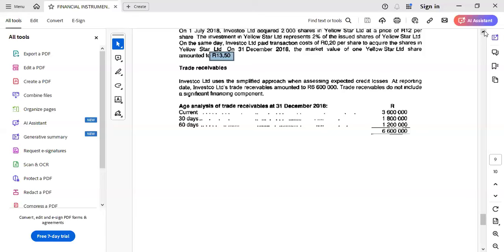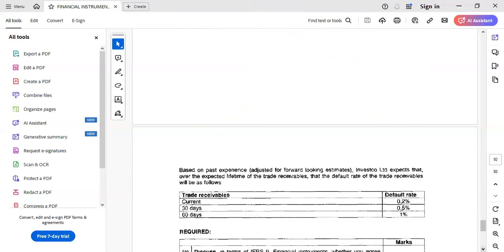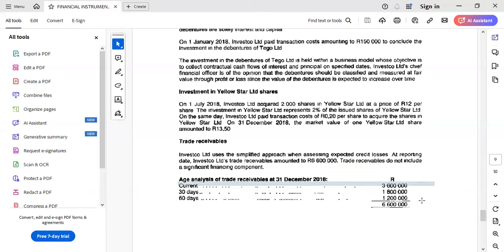Trade receivables do not include a significant financing component. Based on past experience adjusted for forward-looking estimates, Investco Ltd expects that over the expected lifetime of the trade receivables, the default rate will be as follows. So they will just take this percent and multiply by the current debtors: the 0.5 by those with 30 days, the 1% by those with 60 days.